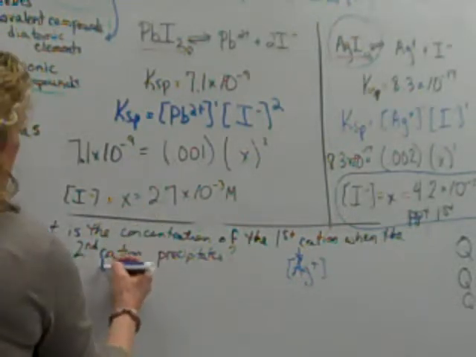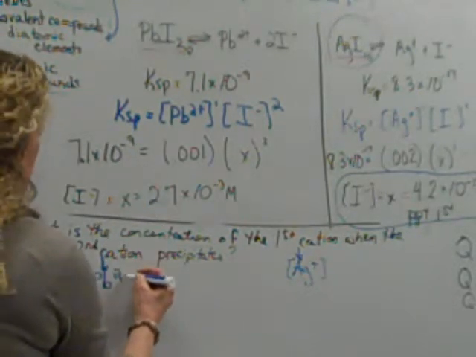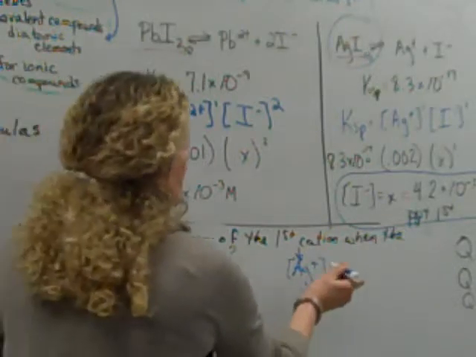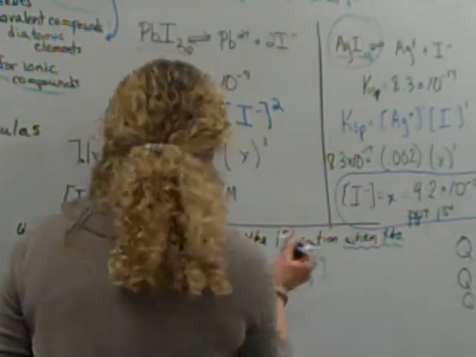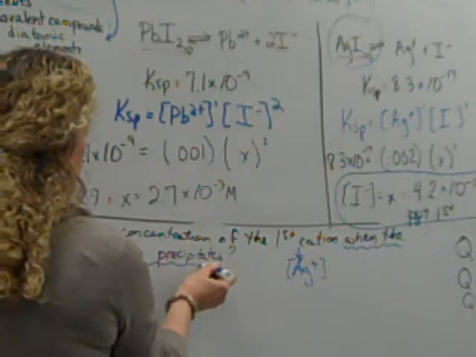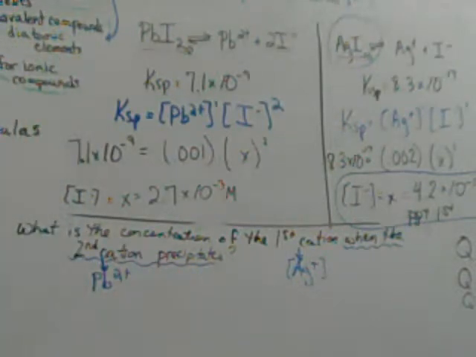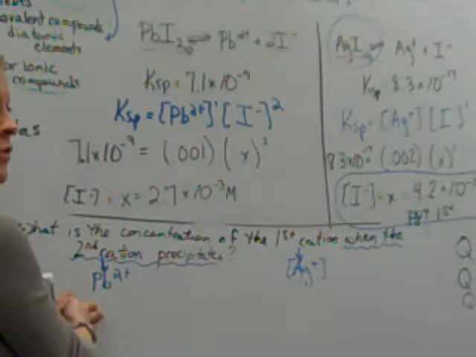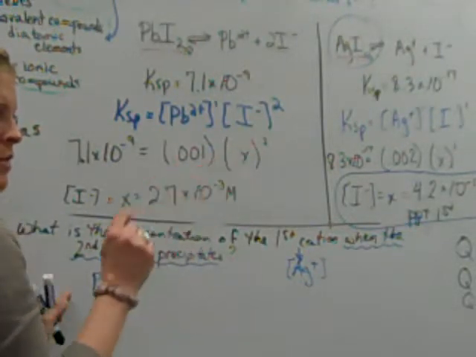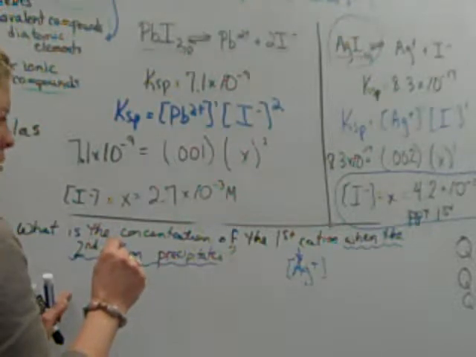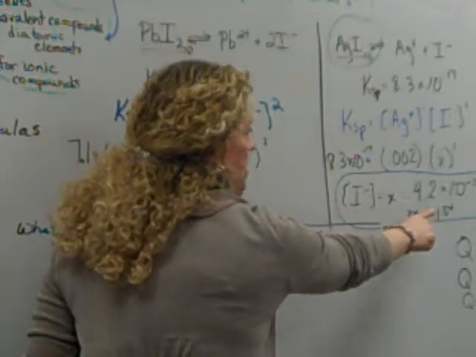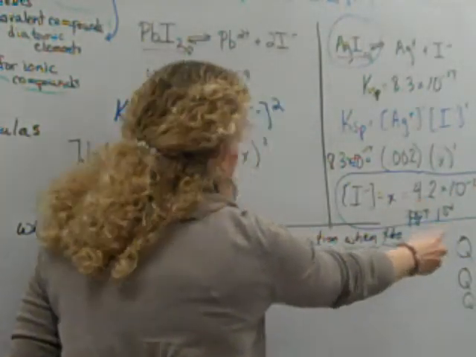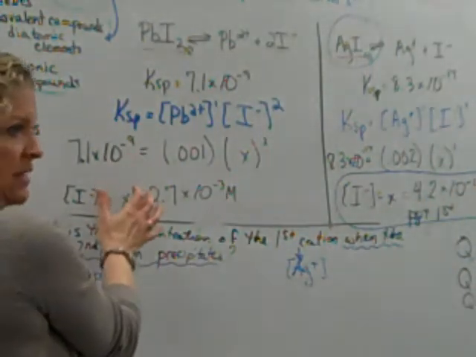Now, you know something about the lead, and you know something about this when the second cation precipitates. It will precipitate when, besides lead, what else do you have? Iodine. Is it first and second because that one's going to precipitate first? Yes. If it precipitated first, we're going to call this the first cation, and this precipitated second is the second cation.